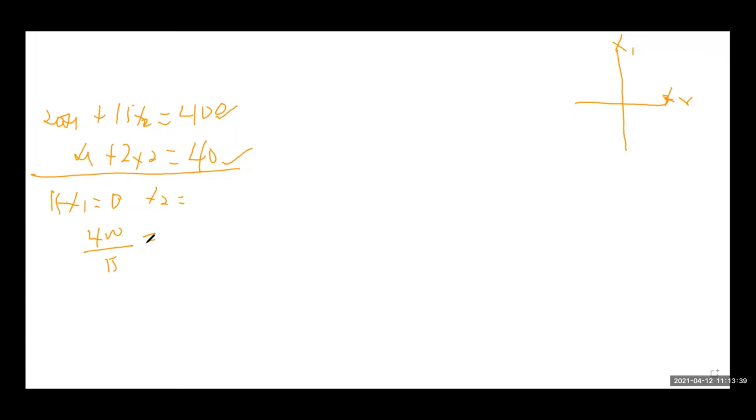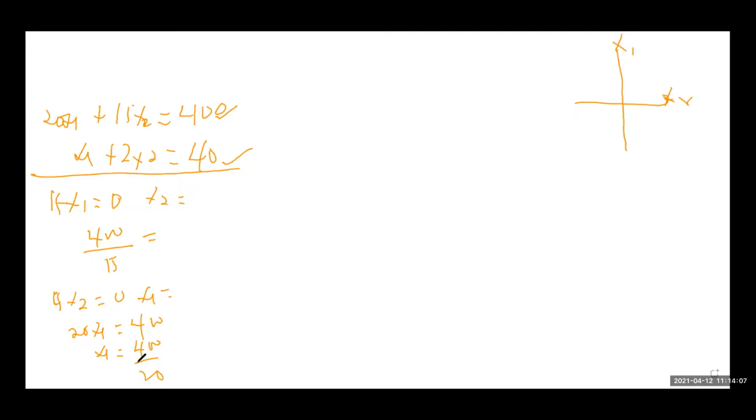Please, are you following? 400 divided by 15. Then if x2 is also 0, what will be x1? x1 will be equal to, just to say 20x1 equals 400. x1 equals 400 divided by 20. I hope that is clear.